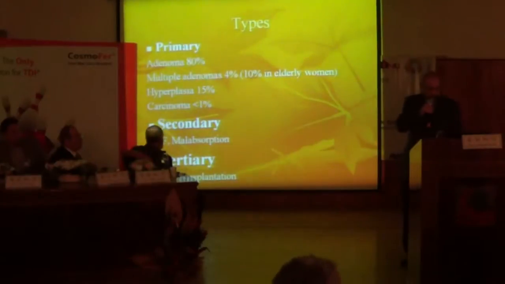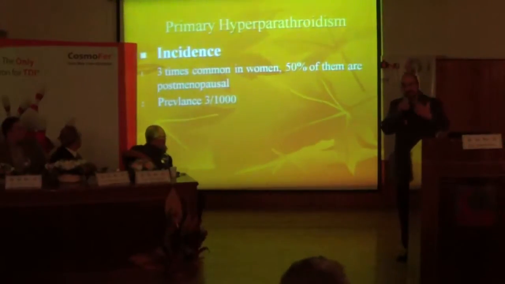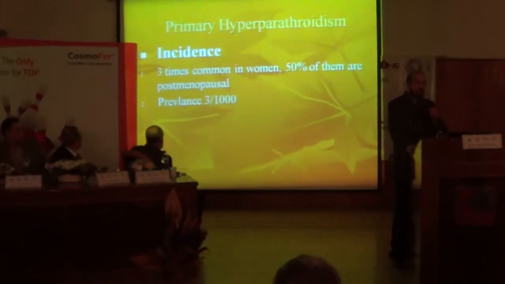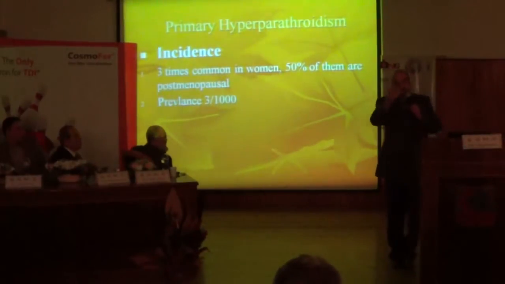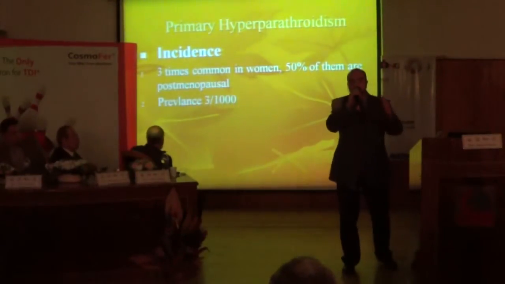Secondary and tertiary. Fine. For surgeons, they will see primary hyperparathyroidism. But nephrologists will see the secondary and tertiary one. So it's important to know what a primary is, how the primary looks, to compare it with the secondary and tertiary.